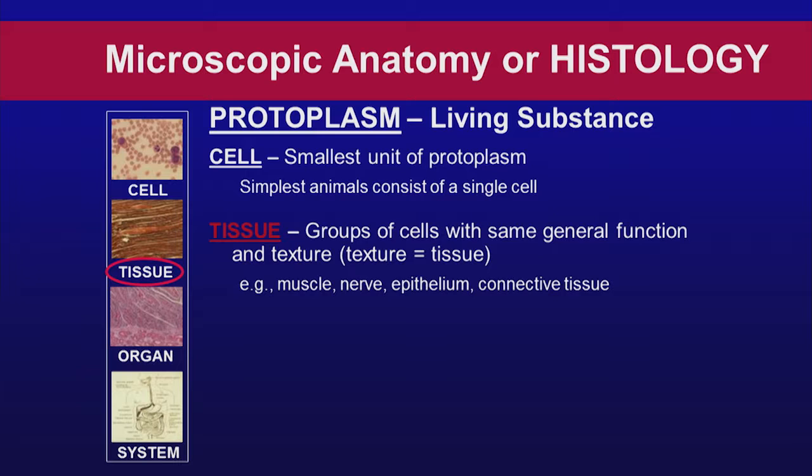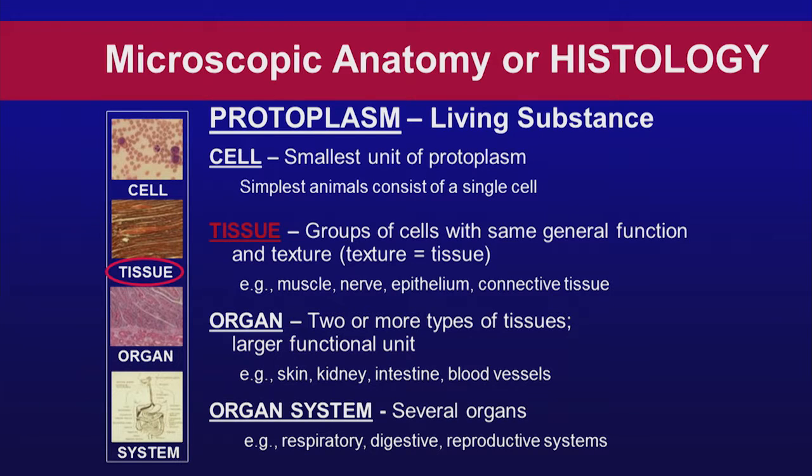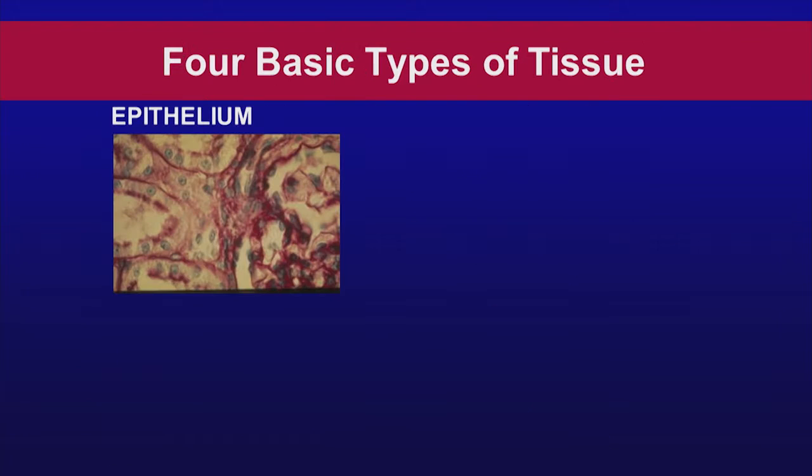So muscle, nerve, epithelium, and connective tissue, the entire body could be fit into one of those 4 tissues. And then when you get 2 tissues together, you make an organ. Skin, kidney, intestines, blood vessels, all those are organs. And then you have organ systems, several organs getting together to do a function. Respiratory system, digestive system, endocrine system, reproductive systems.